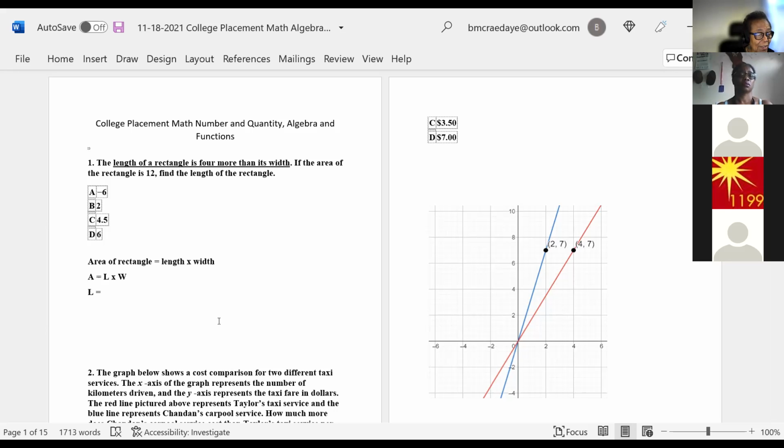No, I'm using L and W. How do I write 4 more than the width? More than is adding. So what do I do, Vanessa, to say my length is 4 more than my width? My length is L, my width is W.